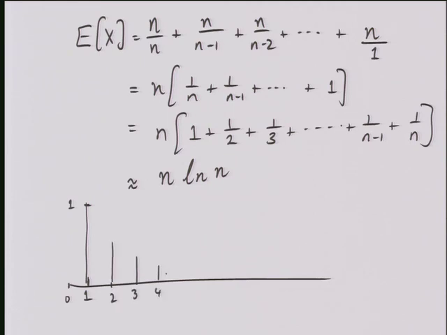So now let's look at a continuous version of this. Let's look at the curve y equal to 1 over x. That curve looks something like that. What we'd like is this area.